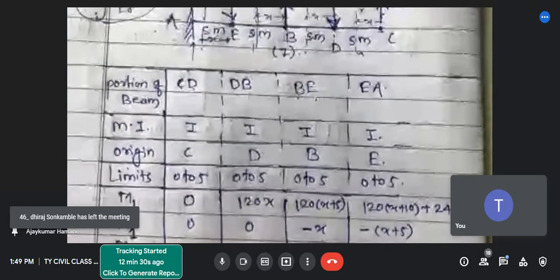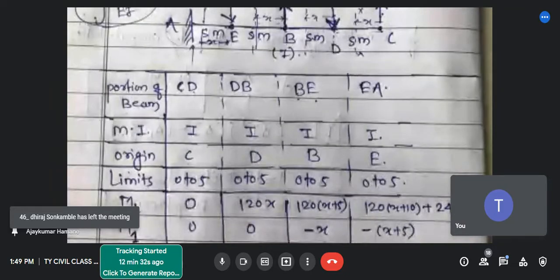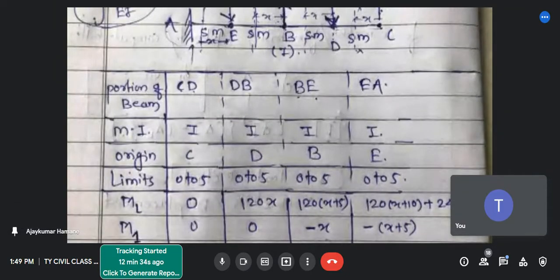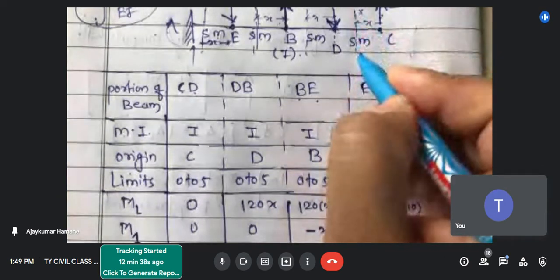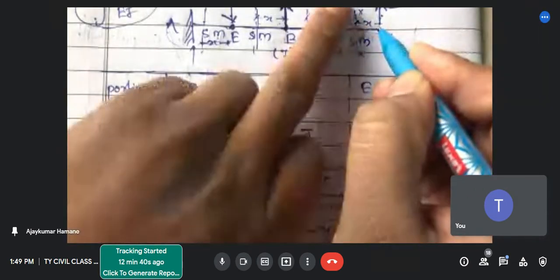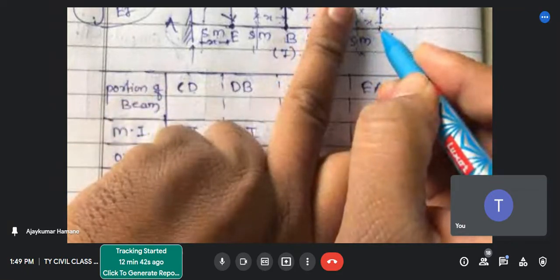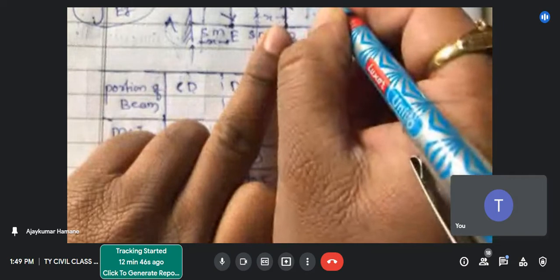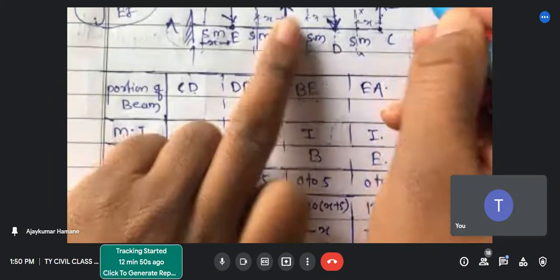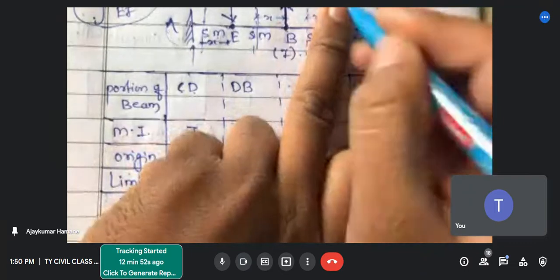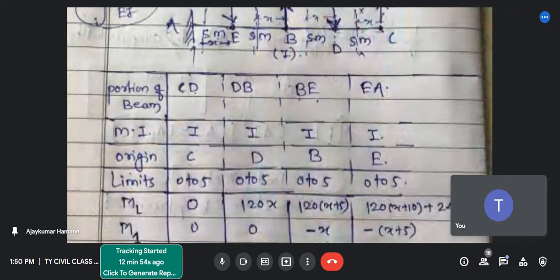And M2. M2 is what? Due to the coordinate 2. If I take a section here, what is the moment due to this force? 1 unit load. Unit load means along coordinate 1 I have applied unit load and along coordinate 2 I have applied unit load. So 1 into x, minus x. You are getting my point?